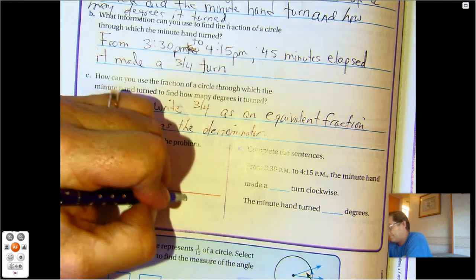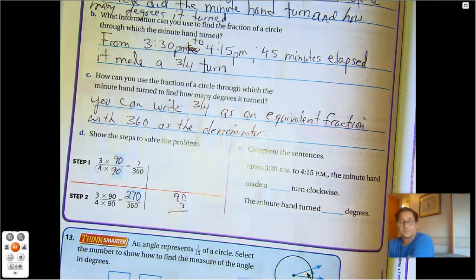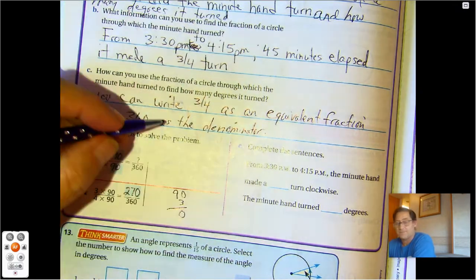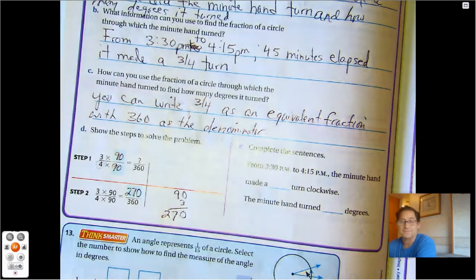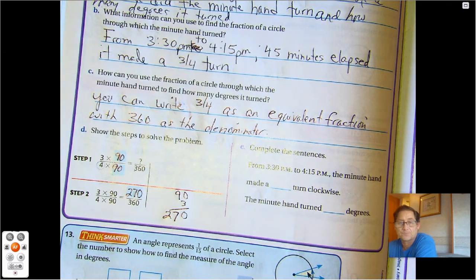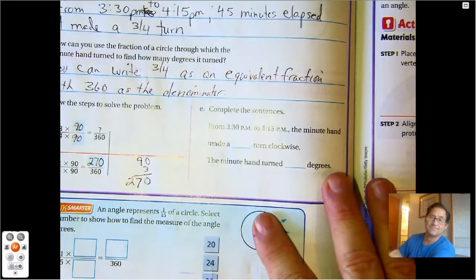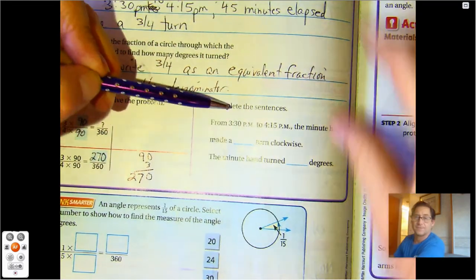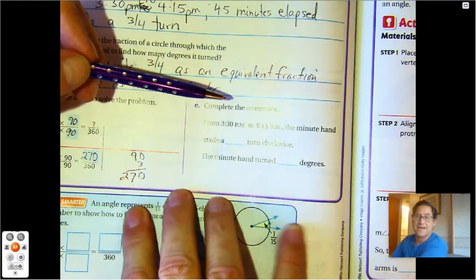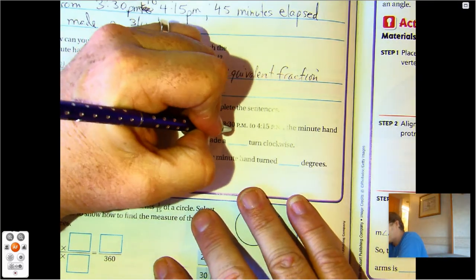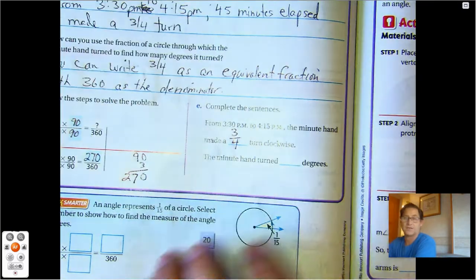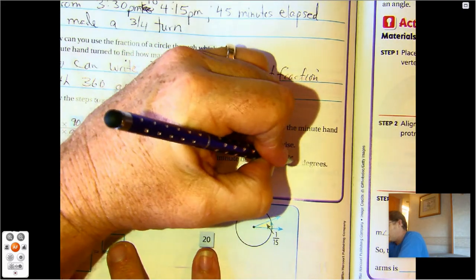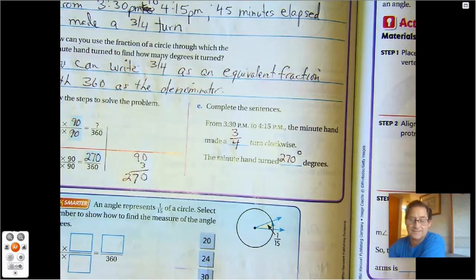I did it in my head, sorry about that. 3 times 0 is 0. 3 times 9, 27. So 270. All right, now complete the sentences. From 3:30 to 4:15, the minute hand made a 3/4 turn clockwise. The minute hand turned 270 degrees.